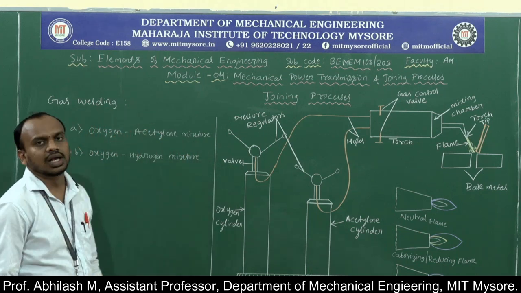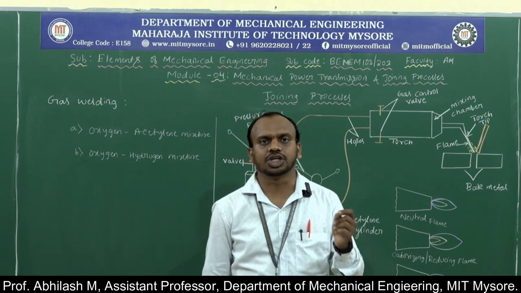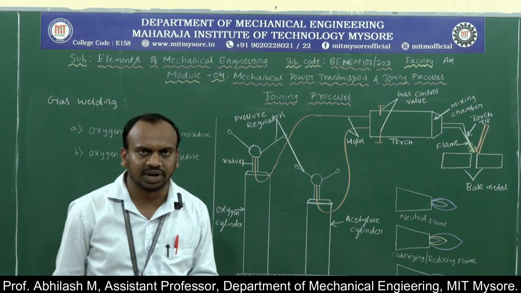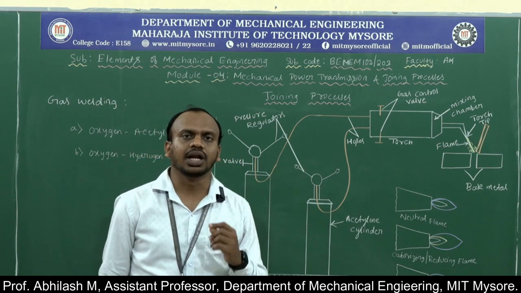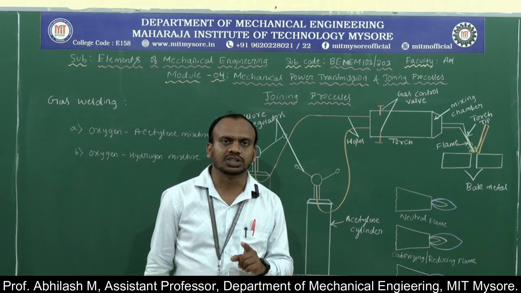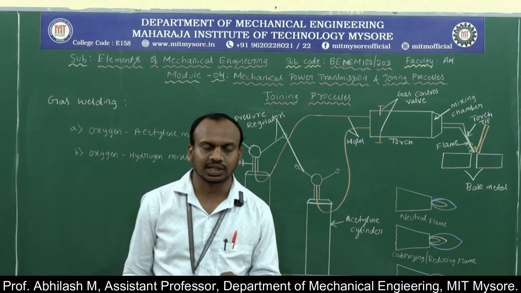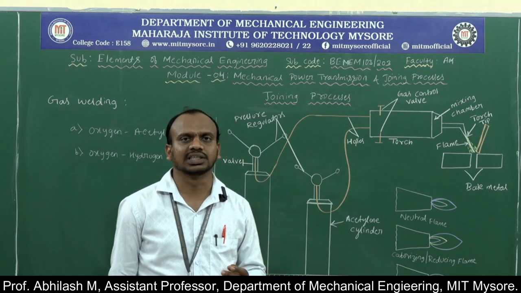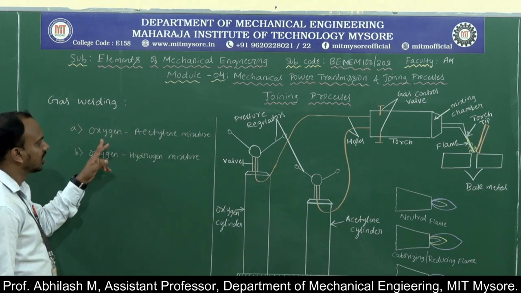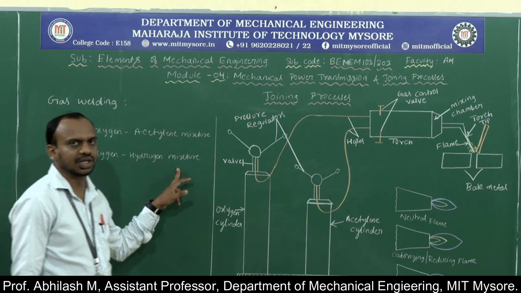So basically, gas welding is a fusion welding process in which a strong gas flame is used to raise the temperature of the base metal in order to obtain a homogeneous joint. Then filler material will be used to fill the gap between the two workpiece surfaces. The different mixtures of gases that can be used to obtain the flames are either the oxygen acetylene mixture or the oxygen hydrogen mixture.